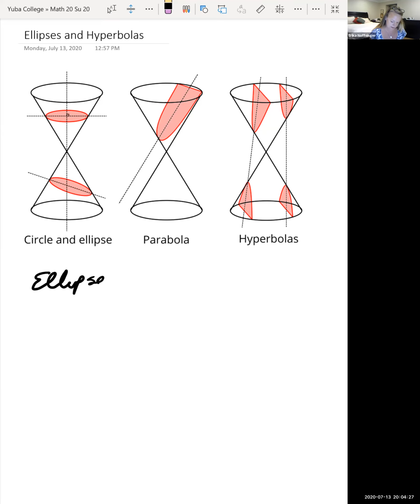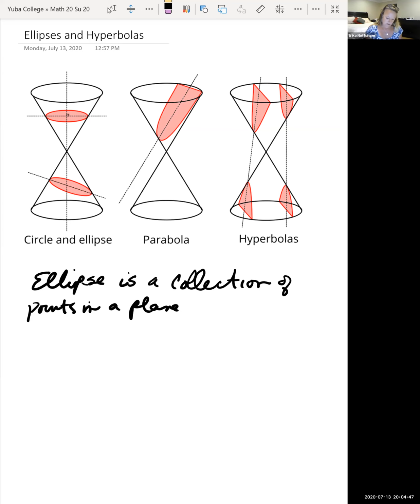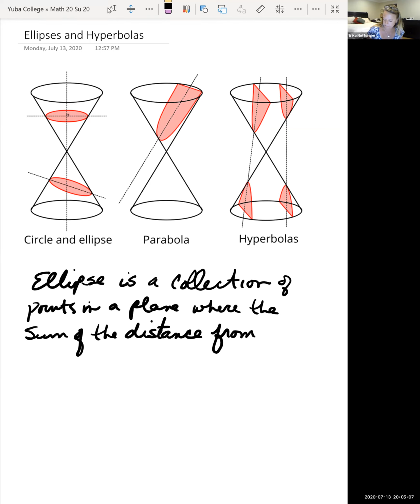So an ellipse is a collection of points in a plane where the sum of the distance from two fixed points called the foci.